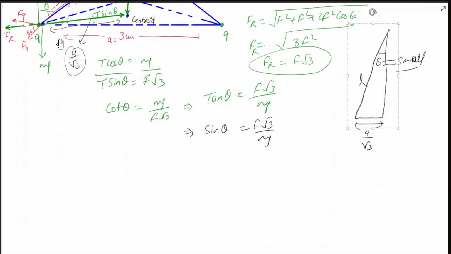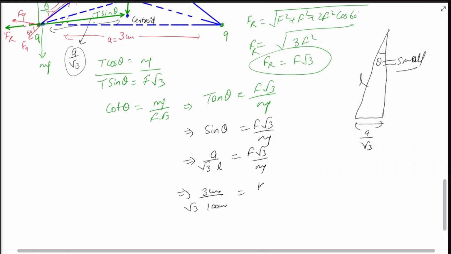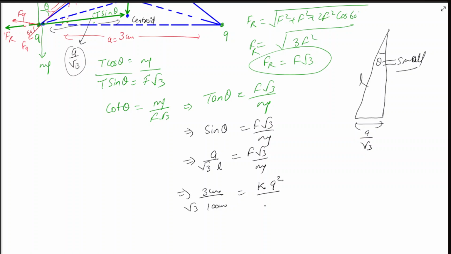Yes, what will it be? So sine theta will be A by root 3 divided by L, which will be f root 3 divided by mg. So let's put these values: 3 centimeter divided by root 3, and L will be 100 centimeter, and F will be K Q square by A square.